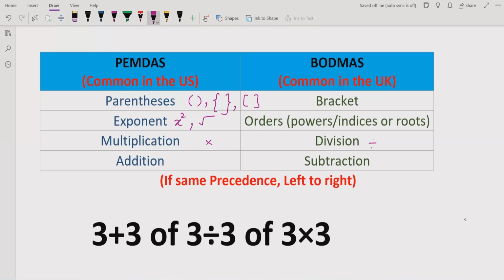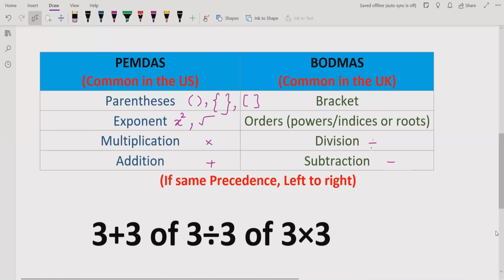After that, we have addition and subtraction. They also have similar precedence: going left to right, if you have the subtraction first, you solve subtraction first and then addition, or if you have the addition first, you solve addition first and subtract in the last.